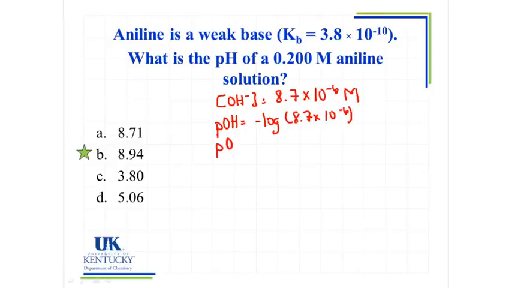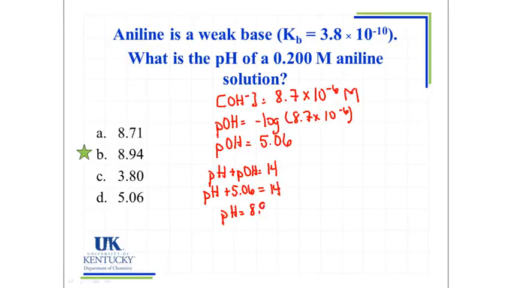So pOH will be equal to 5.06, and pH plus pOH is equal to 14. So I know that pH plus 5.06 is equal to 14, giving me a pH value of 8.94.